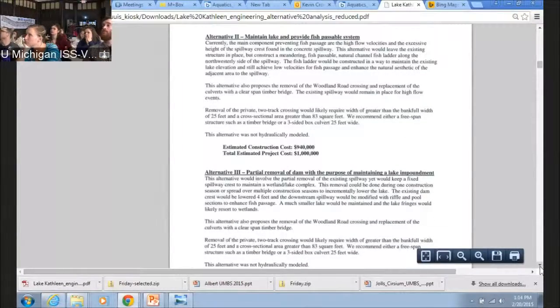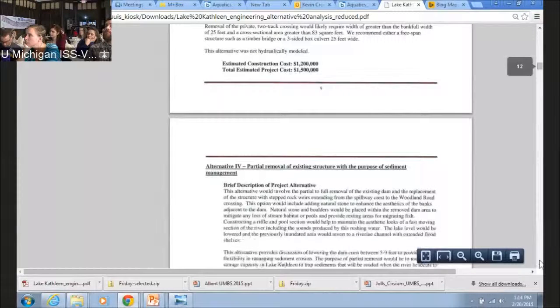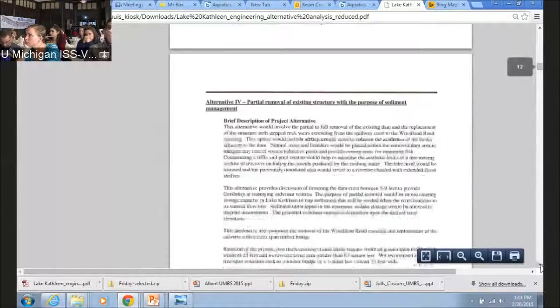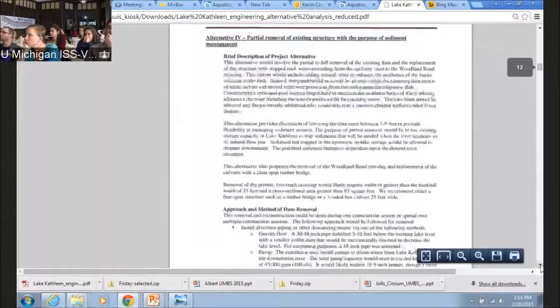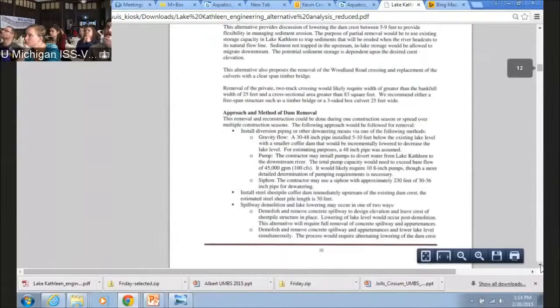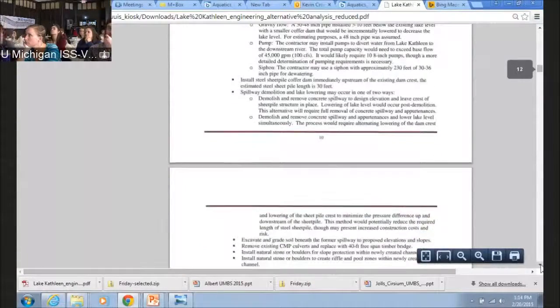Lower down in the document, there are images of all these engineering plans. Alternative 3, partial removal of dam with the purpose of maintaining a lake impoundment. Alternative 4, I think, is partial removal of the existing structure with the purpose of sediment management. And the last alternative is removing the structure.